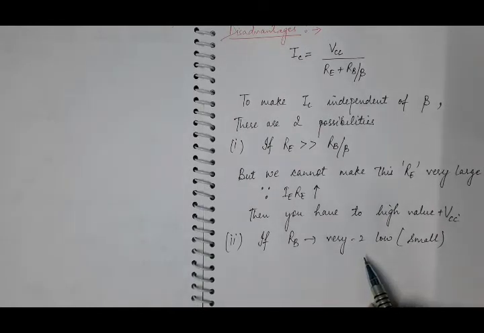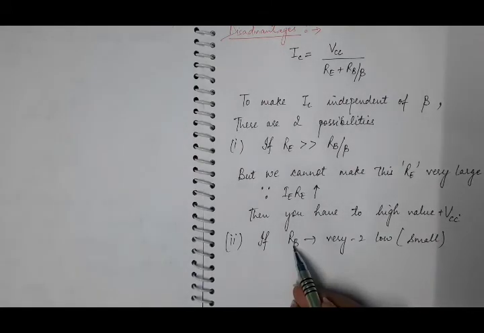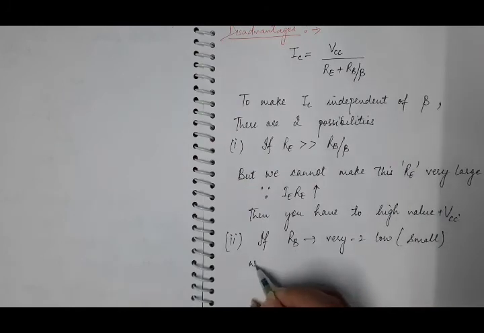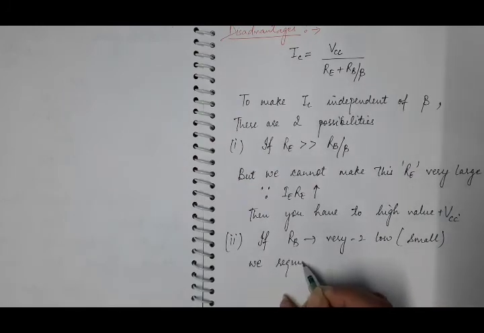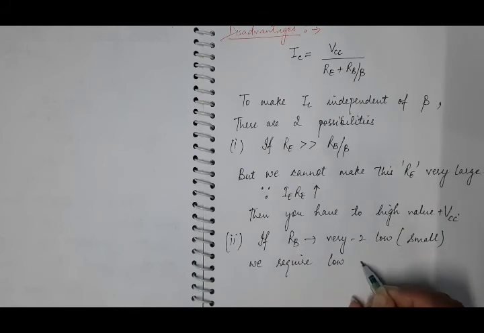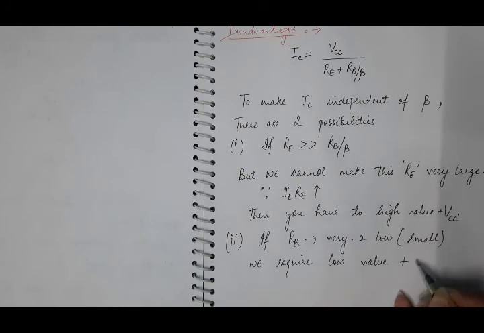Why? Because in that case, this IB-RB factor will decrease to a very low value, and for that we need a low value of VCC. And for a low value of RB, we require a low value of power supply. It means we have to use separate power supplies.